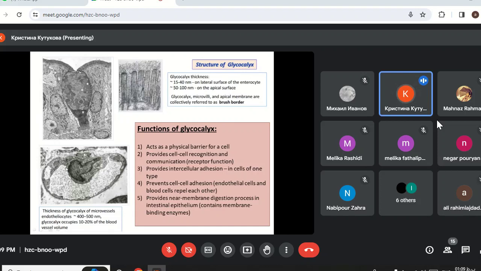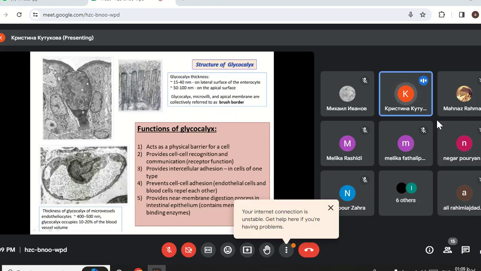And the apical surface of the endotheliocyte, which is here, faces the blood inside the lumen of the blood capillary. Its surface is covered with glycocalyx, whose function here is to prevent adhesion of formed elements of blood, adhesion of blood cells to the surface of endothelium, and clotting of blood.